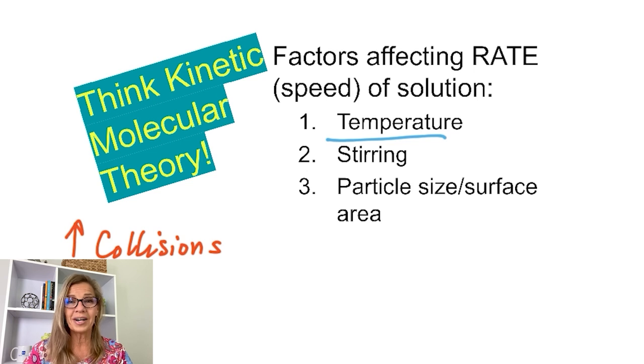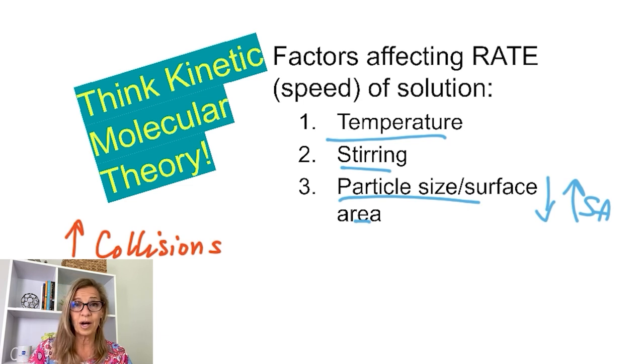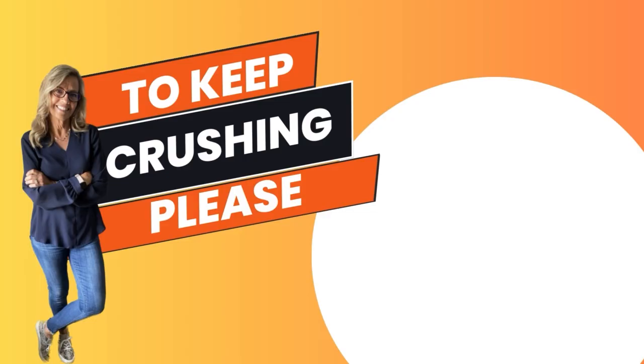Higher temperature, higher velocity, higher kinetic energy, more collisions per time. Stirring, more collisions per time. If we reduce the particle size, we increase the surface area, and that would cause more effective collisions so that we can dissolve something faster.